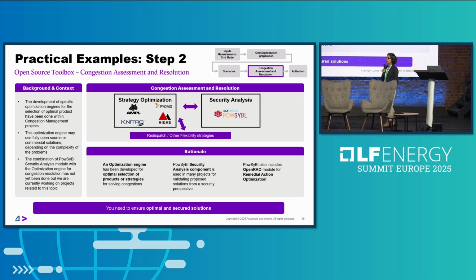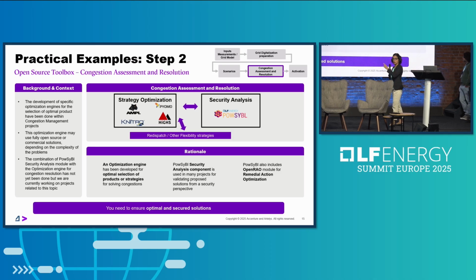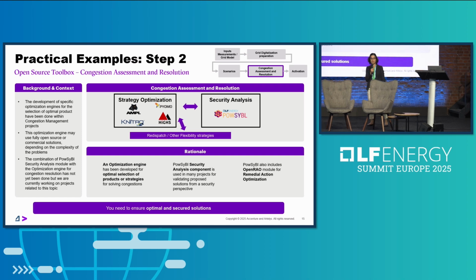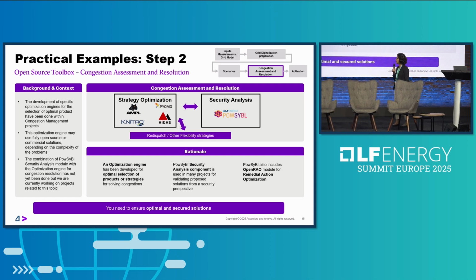For this you need optimization engines that allow you, given your criteria, economics, products availability, and the different flexibility strategies that you can use, to solve the congestions. Here we mention not only open source tools like Pyomo and HiGHS, but also non-open source commercial tools like AMPL and Knitro, which is an optimization solver developed by Artelys.